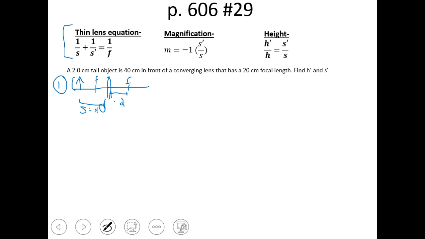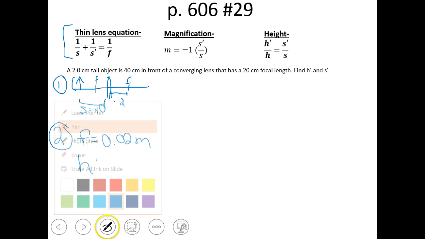My second step is to list all of my knowns. Even though I've kind of drawn a picture already, I'm going to make a list. The first thing is the focal length. I know my focal length is 2 centimeters, so 0.02 meters.